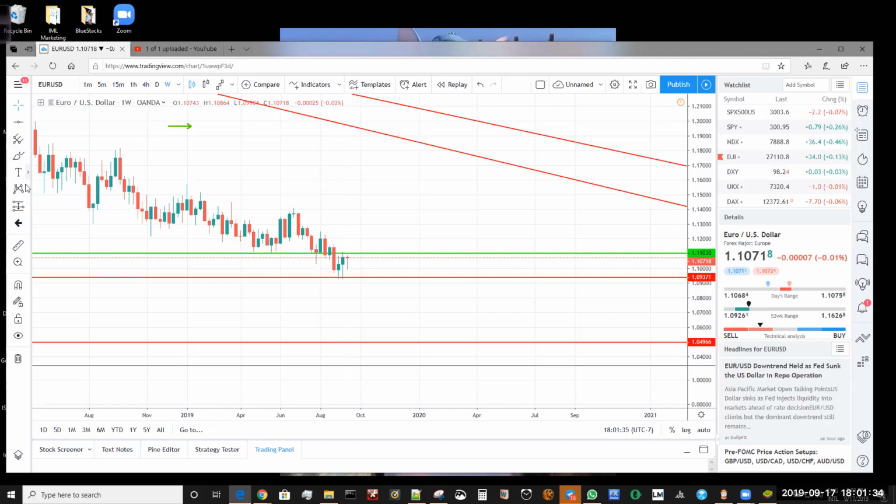I'm going to highlight that. In our weekly, today is the 17th of September 2019, and you can see week 1, week 2, week 3, which is why the monthly candle has a little bit of retracement here.